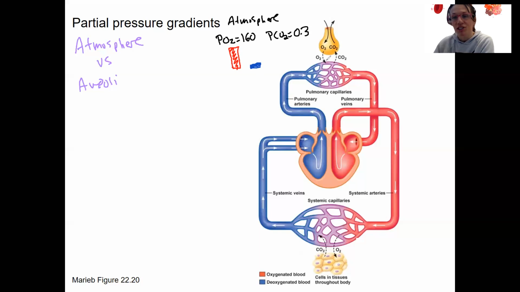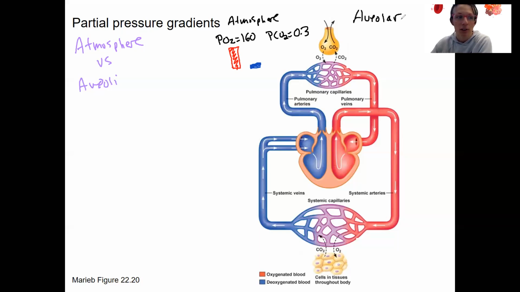Actual gas exchange is happening here, so that makes it not the same as it was in the atmosphere. It's also due to humidification in the conducting passages, which changes the composition of the air as ventilation occurs. And even as you're inspiring, old and new air is constantly mixing. So atmospheric partial pressures are not going to be identical to alveolar.